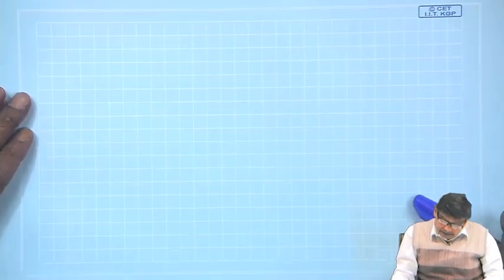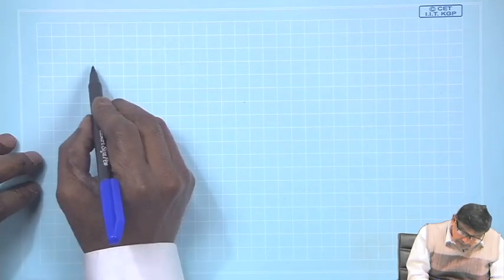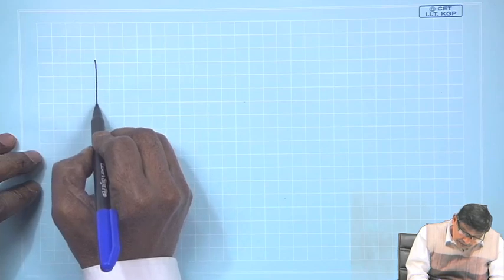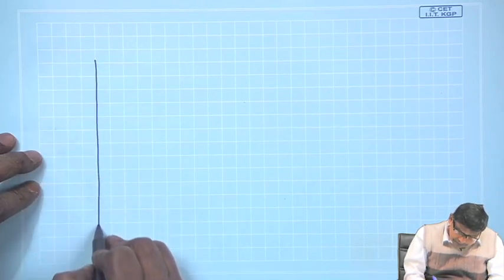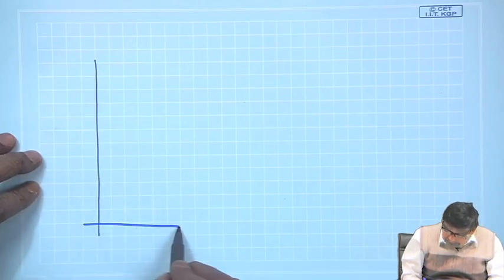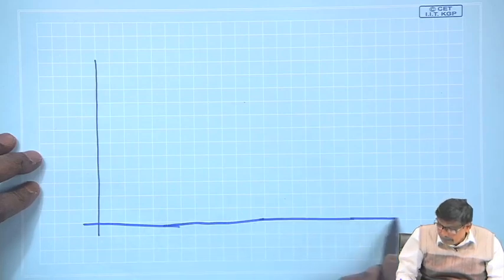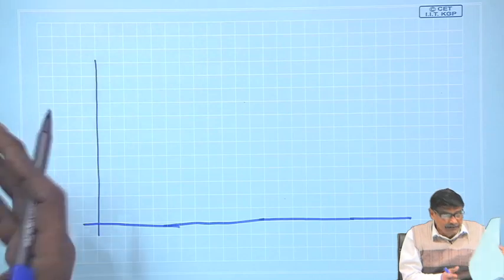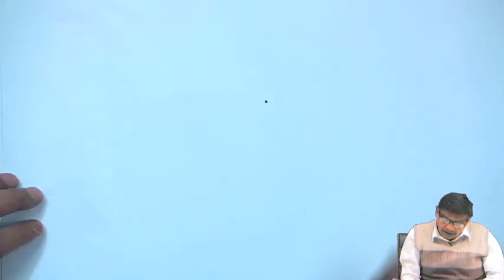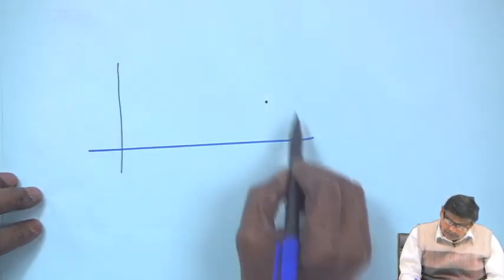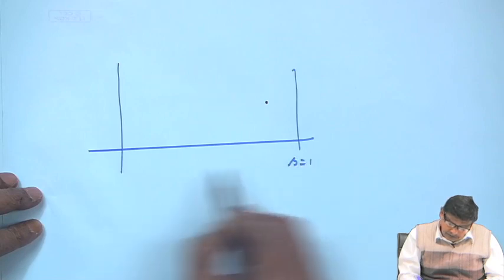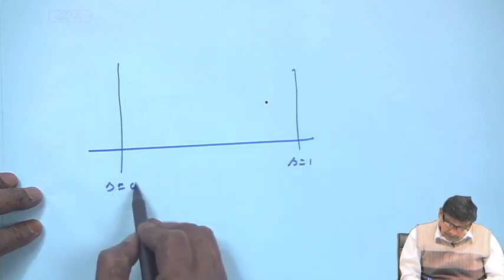So, let us imagine I will draw it on a very large scale. Always draw the torque slip characteristics correctly. Correctly means, do not draw the torque slip characteristics of a well designed induction motor something like this, S equal to 1, S equal to 0.